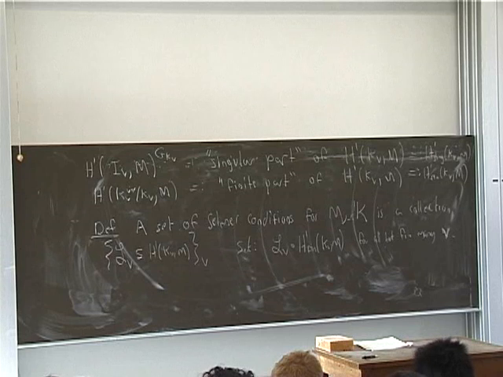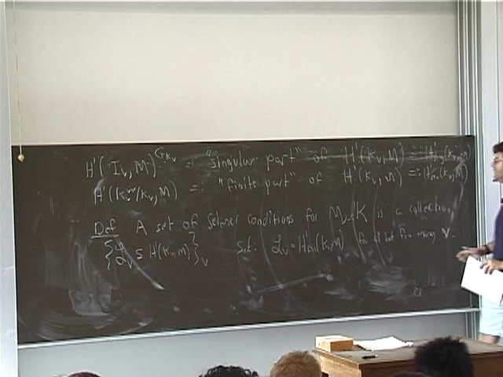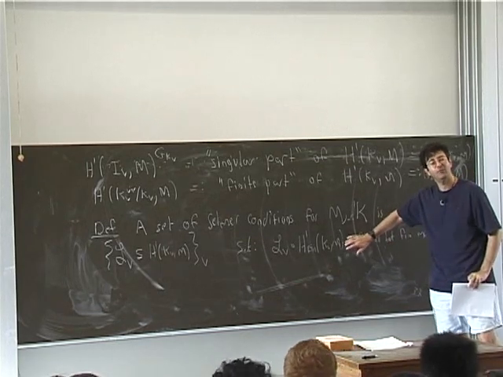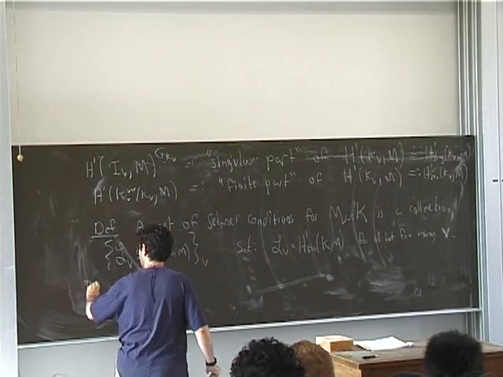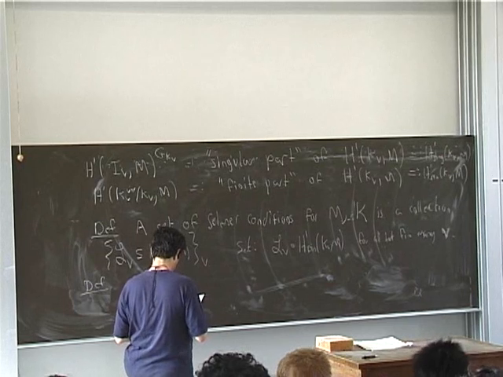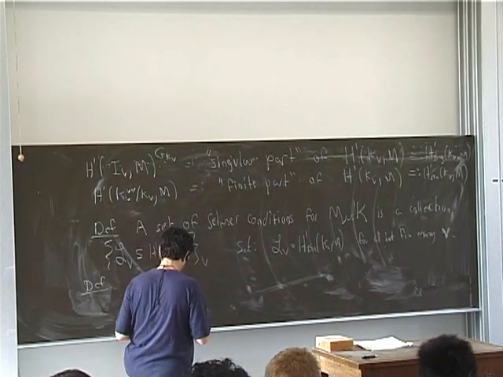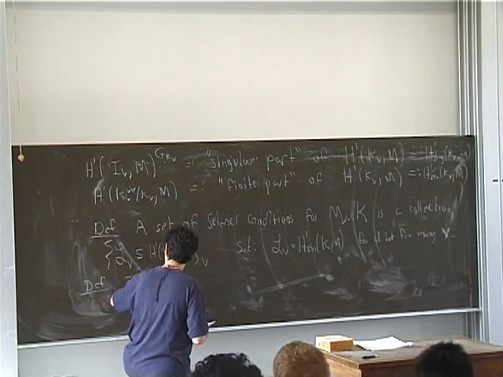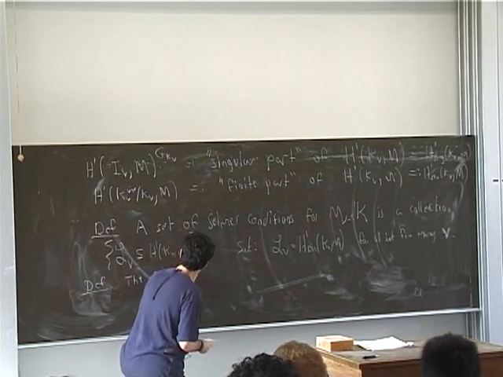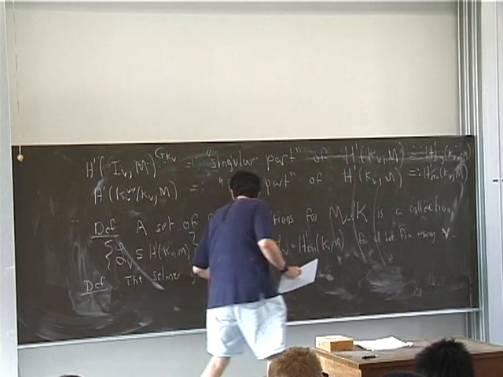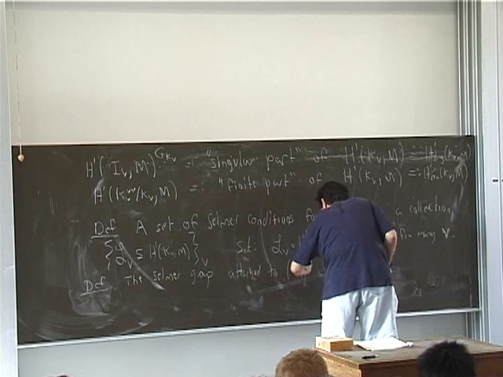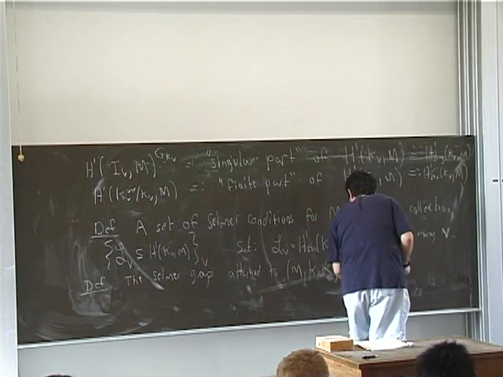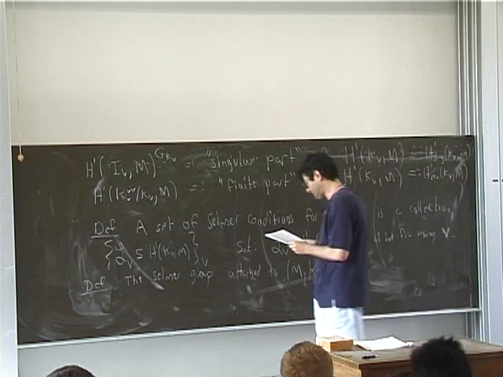Okay? I give myself a subgroup of the local cohomology group at every place V, with the restriction that this subgroup should be the finite classes for all but finitely many V's. And then if I have such data, I can define a Selmer group. So let L be a set of Selmer conditions for M and K. Then the Selmer group attached to the triple M, K, and script L is simply what you would expect.